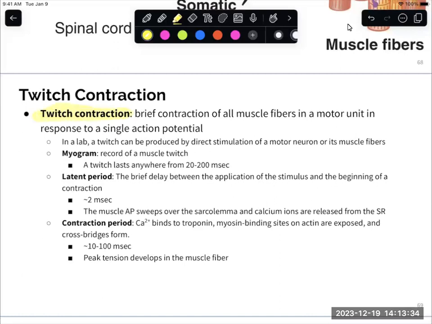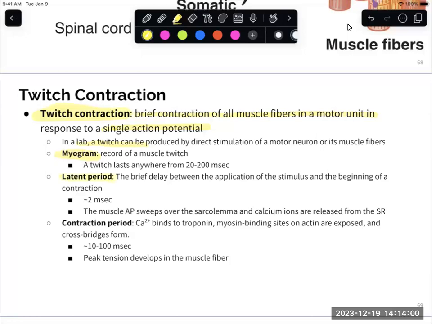A twitch contraction is a brief contraction of all muscle fibers in a motor unit that respond to a single action potential. So one motor unit gets stimulated, so every fiber that is attached to that one neuron is going to contract. It's usually done in a lab. We use a myogram to record it.